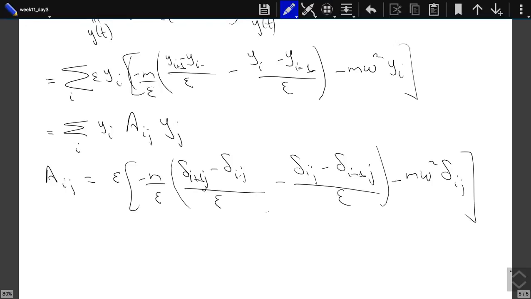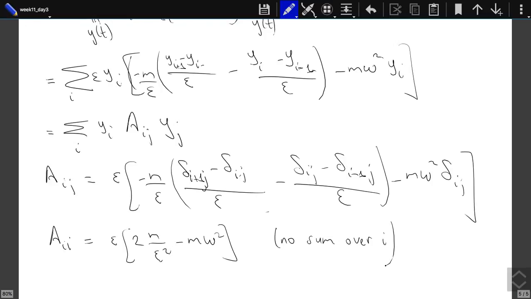Well, you see, there are only three kinds of matrix ij's for which these matrix elements are non-zero. The diagonal ones are non-zero. Aii is equal to epsilon, m over epsilon squared from the first term, and 2m over epsilon squared from the first term, and from the last one we have minus m omega squared. There is no sum over i.